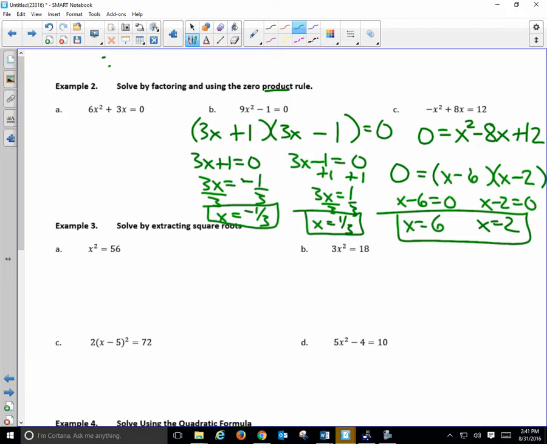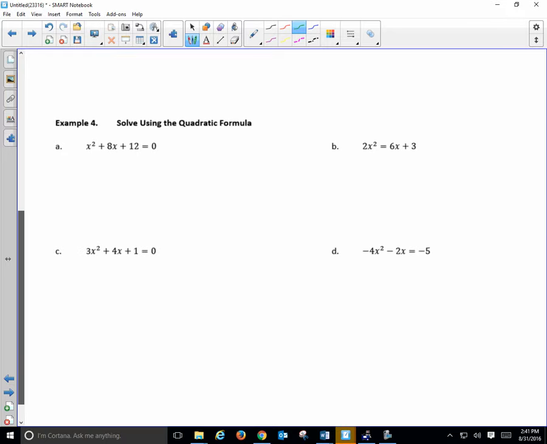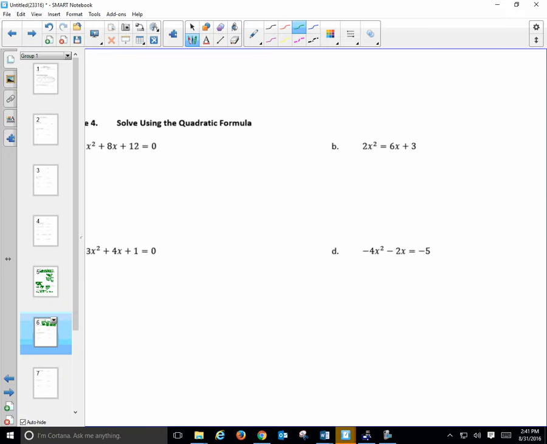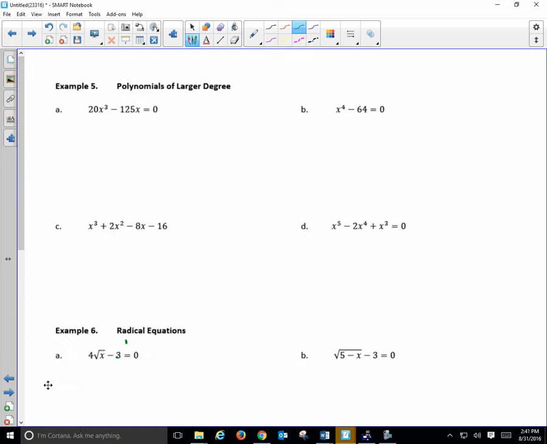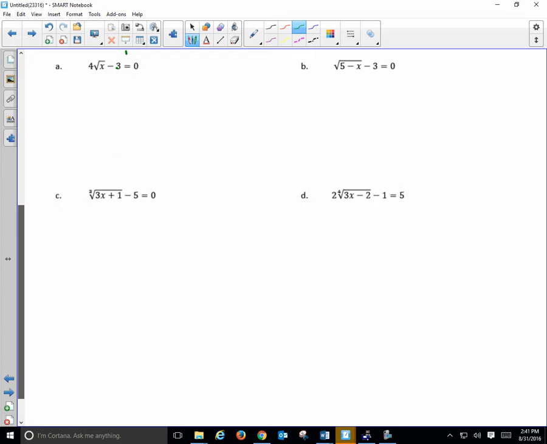We have a few days to get through equation solving. We have quadratic formula, we have squares, we have higher degree polynomials, we have radical functions. So it's going to take us a couple days to get through it, okay?